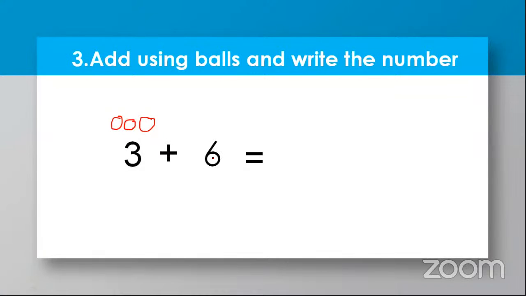So let us draw the 6 balls for number 6. 1 ball, 2 balls, 3 balls, 4 balls, 5 balls, 6 balls. Now I want someone to add them and tell me the number I'm going to write here.